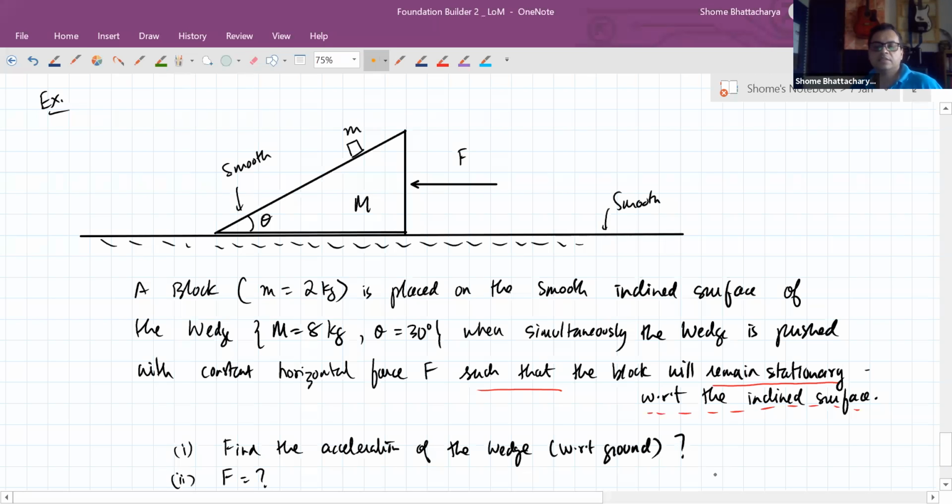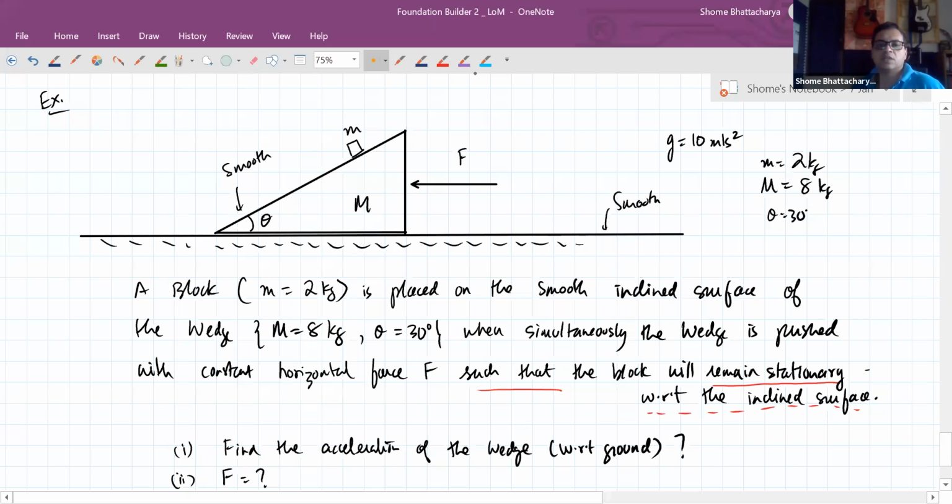So we'll find out this acceleration in meters per second square, and the force in newtons, taking the value of g as 10 meters per second square. Small m, capital M, and theta are all given to us in the question. Small m is 2 kilograms, capital M, the wedge's mass is 8 kilograms, and theta is 30 degrees.